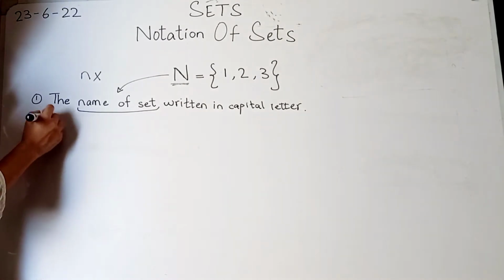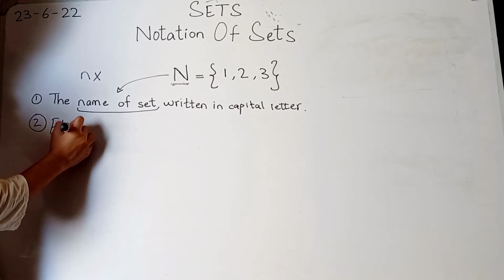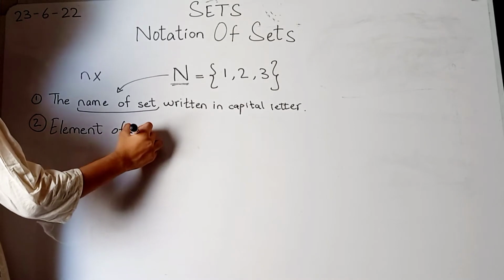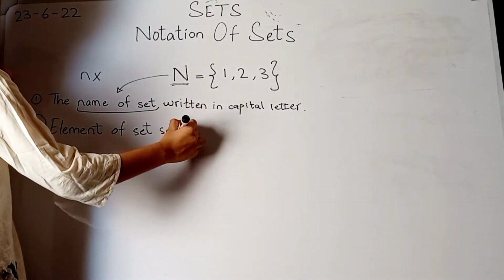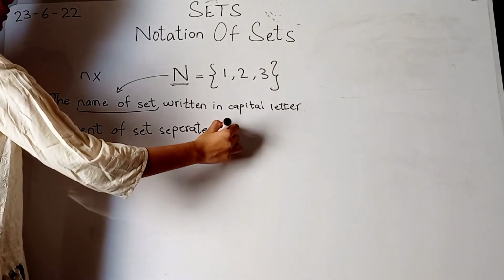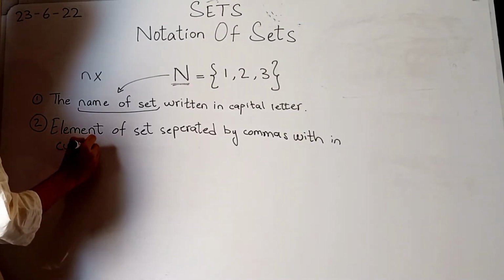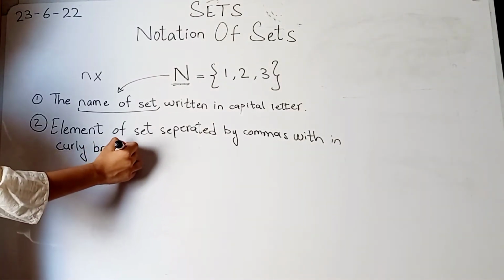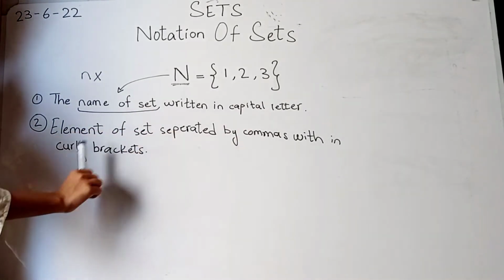The second notation of set says that the elements of a set are separated by commas within curly brackets.